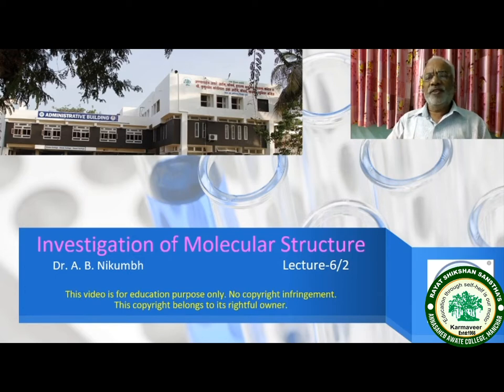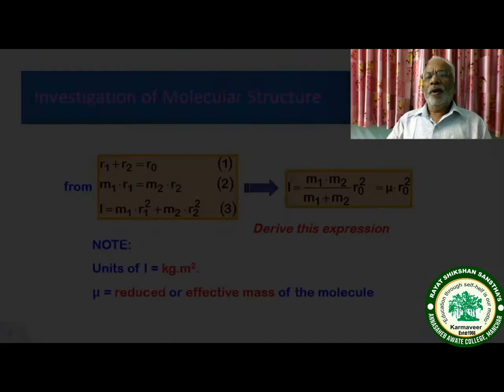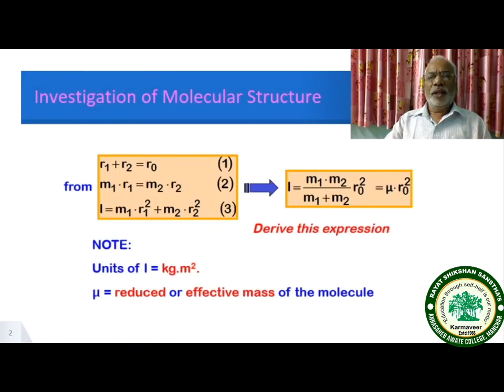In our previous lecture, we started the evaluation of the moment of inertia for a rigid diatomic molecule from these three basic conditions, and evaluated the value of the moment of inertia, which relates the effective mass or reduced mass mu and the bond length, which is also considered as the dimension of the particular diatomic molecule.